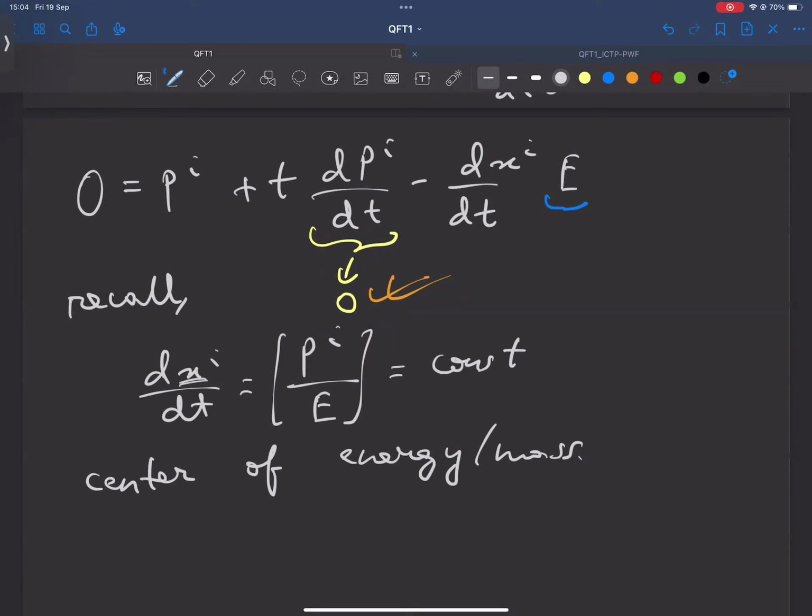Okay, invariance under boost. Remember that boosts related two frames by a linear transformation, where one frame was uniformly moving at a velocity v with respect to another frame. These two frames are called inertial frames. As you know, Newton's laws are only applicable in inertial frames, not in non-inertial frames.